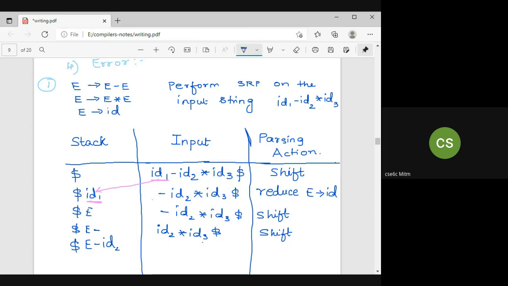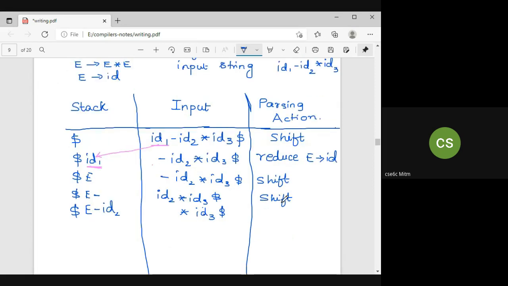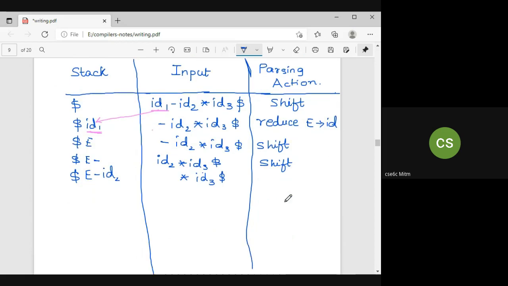So ID goes there, and star ID3 and dollar will remain. Next, what you have to do? Again check here. ID2 is there. This much we can reduce. This substring we can reduce by E goes to ID. This is again reduce, reduce by E goes to ID.